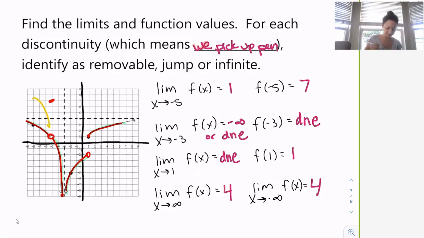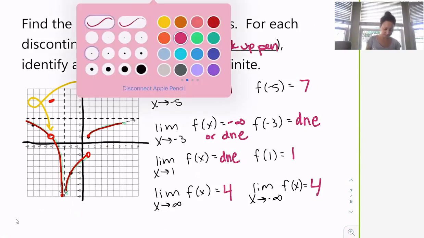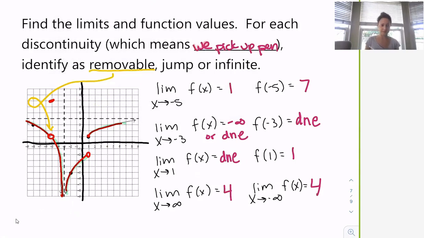So this guy here, which one do you think that is? That is actually going to be a removable, because it's just one point removed from being continuous, right? If I move that point down, I have a continuous graph, okay? This next one here, this asymptote, is going to be your infinite discontinuity, okay?